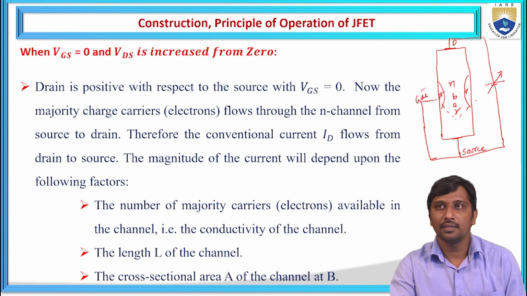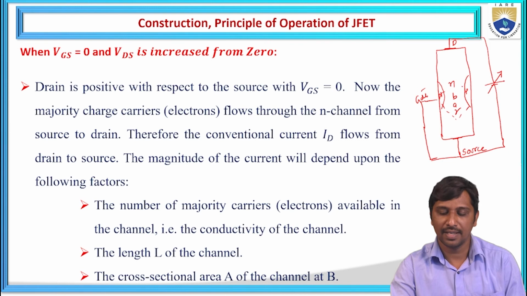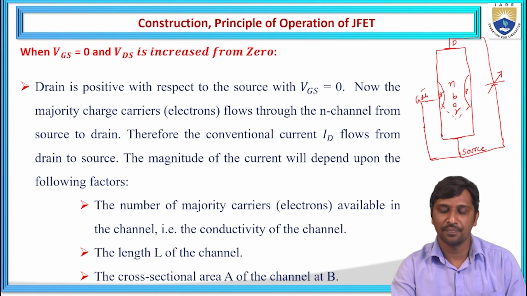At this point, internally it has a small depletion width between the two P-plus regions, and this is the maximum area to allow the charge carriers from the source to the drain.